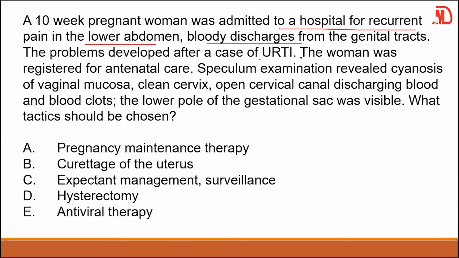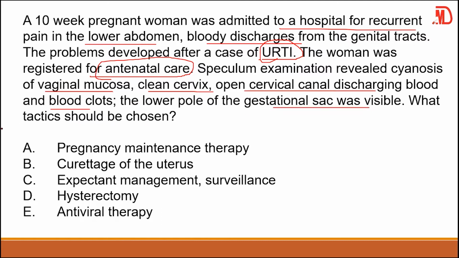The woman was then registered for antenatal care. Speculum examination revealed cyanosis of the vaginal mucosa, clean cervix, open cervical canal discharging blood and blood clots. The lower pole of the gestational sac was visible. What tactics should be chosen?